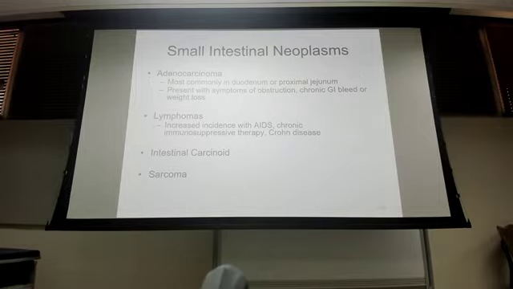Most common type, adenocarcinoma, usually in the duodenum or proximal jejunum. We can also have lymphomas if your patient is immunocompromised. We can also have carcinoid tumors. Did we talk about carcinoid tumors yesterday? Yes.